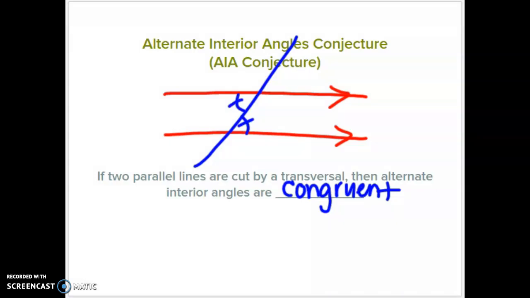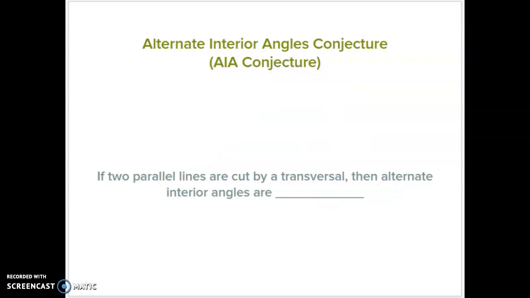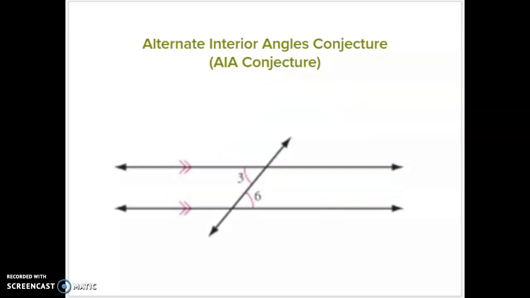If it was 40 degrees, the other one would be 40 degrees. And then this angle and this angle would be equal. Not necessarily the same. That's why I have different congruent markings. So if you wanted to add to your picture, you could put congruent, congruent.